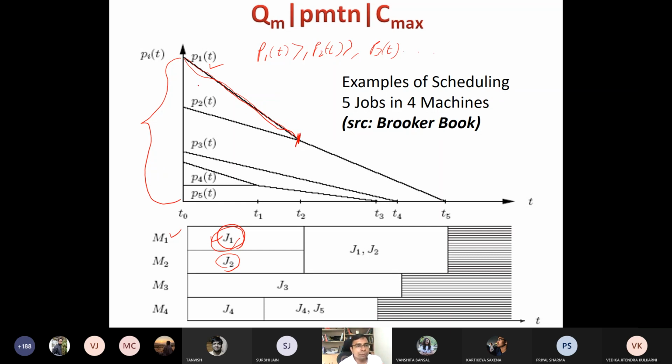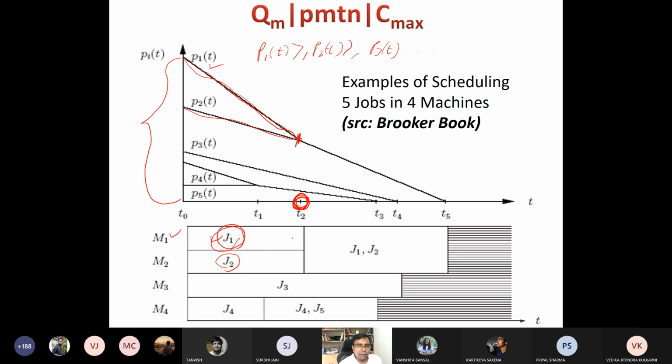the remaining execution time of both P1 and P2, that means job 1 and job 2, at time T2, what is happening? Remaining time of job 1 and job 2 is the same, because job 1 is executing at a faster rate, so the remaining time of job 1 decreases faster, P2 decreases a little bit slowly, and these two lines meet at this point, and this point we call T2.